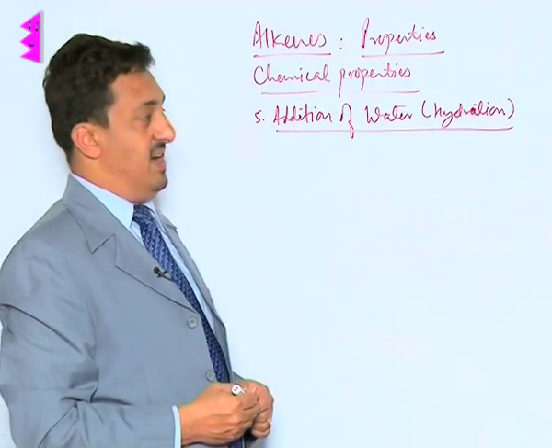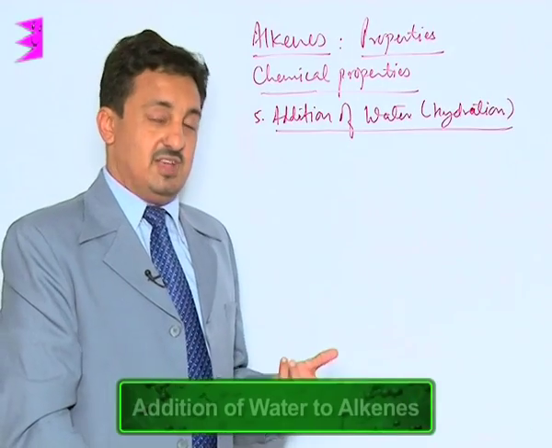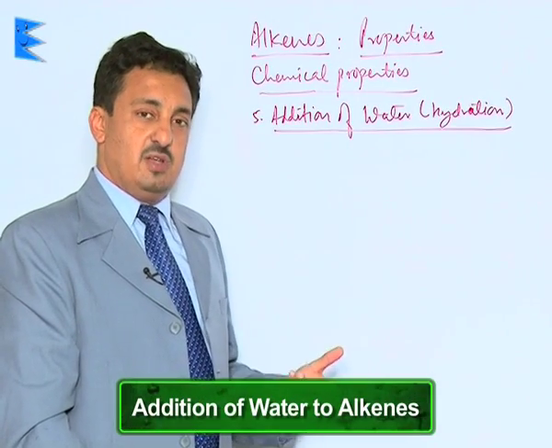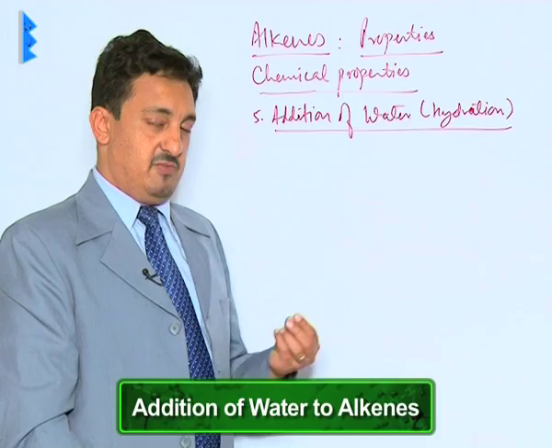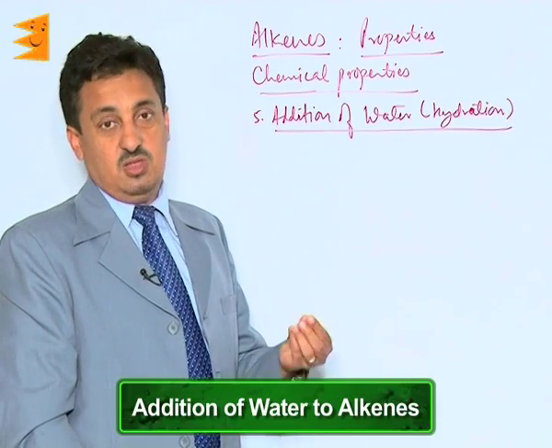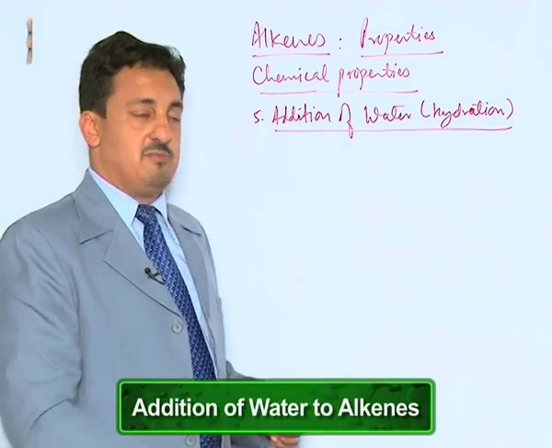Now let us see the next reaction, which is the addition of water, called hydration. The addition of water takes place in acidic medium, because we need a proton, H plus, an electrophile, and it follows Markovnikov's rule.